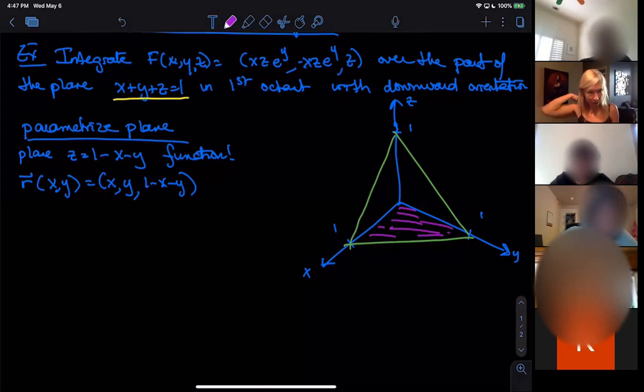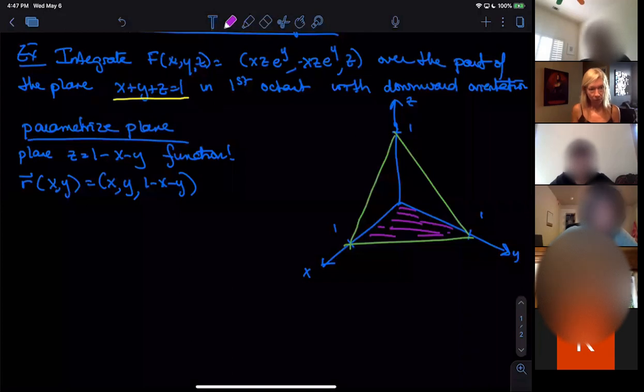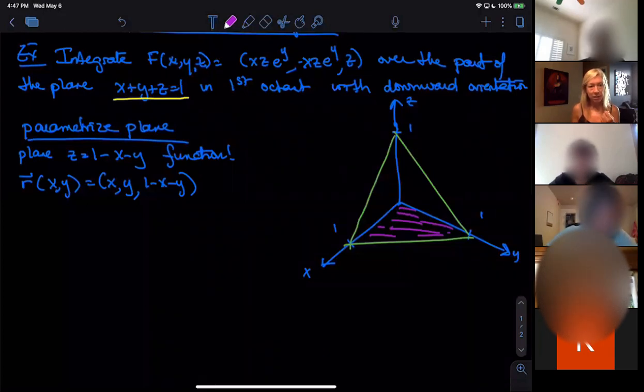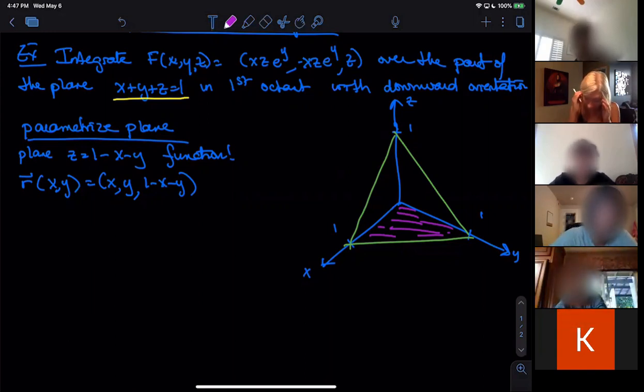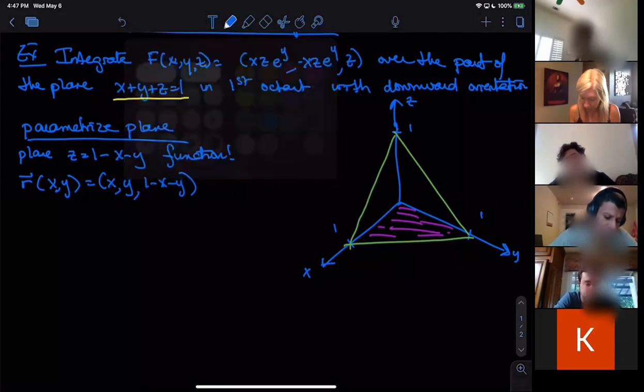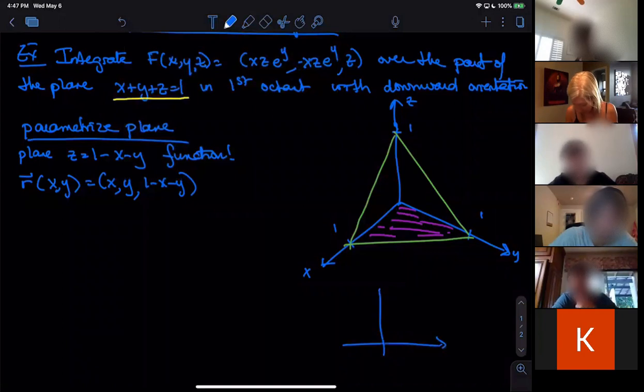Is anybody following this so far? A little bit? Does anyone want to ask a question? Okay, not quite yet. All right, so if I want to set up the bounds for x and y, let me just focus more carefully on what it looks like for x and y.